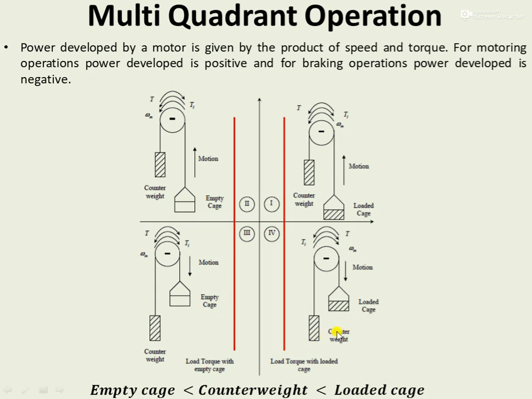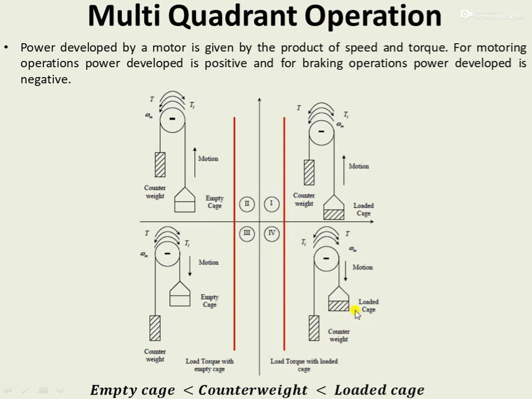Now let's see the fourth quadrant. In the fourth quadrant, the speed remains the same as that of the third quadrant, but the torque has positive polarity. This can be explained suitably with the help of a loaded cage and a counterweight. As shown here, the weight of the loaded cage is very much greater than that of the counterweight.